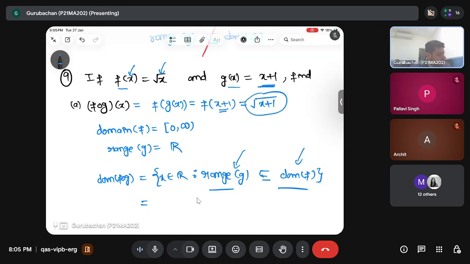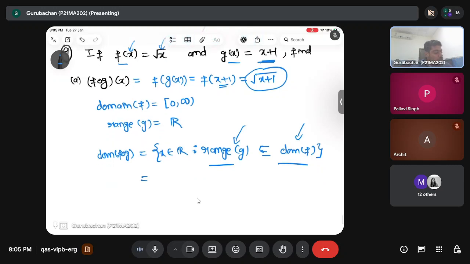And what is the domain for which this composition f of g is valid? Sir, x plus 1 will be non-negative, so x from minus 1 to infinity. Is it correct? Any doubt?